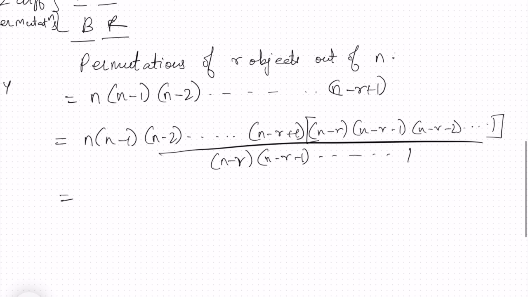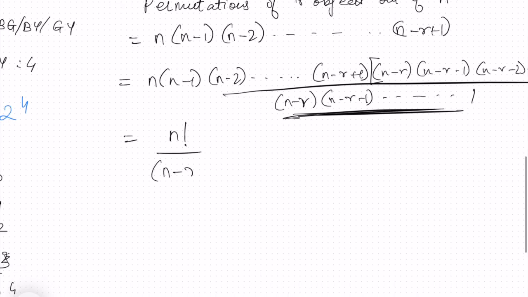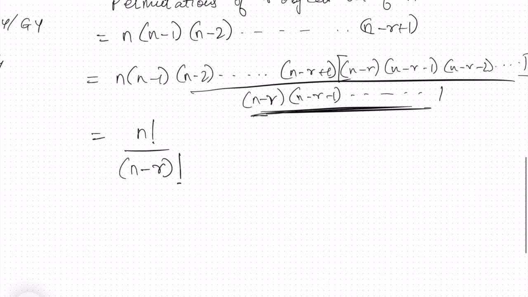So the numerator will just become n factorial, and if you look closely, n minus r into n minus r minus 1, n minus r minus 2, this product is the factorial of n minus r.